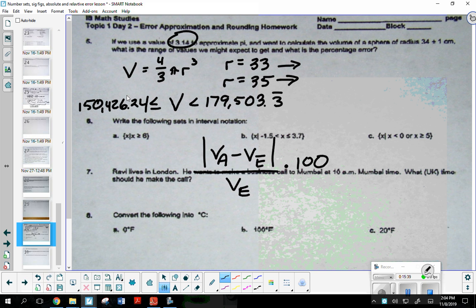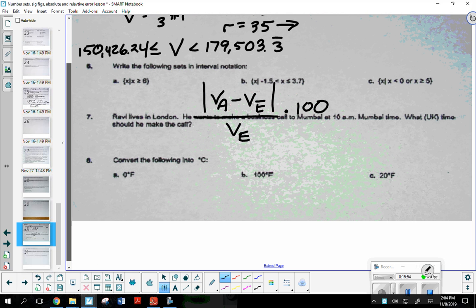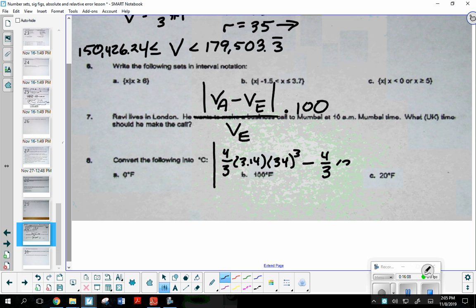Okay. So what we're going to go ahead and do is take that value of 34, the radius, but I'm first going to approximate it with 3.14, and then I'm going to use the exact value with pi. So I'm going to take the absolute value of 4/3 times 3.14 times 34 cubed minus 4/3 times pi times 34 cubed.